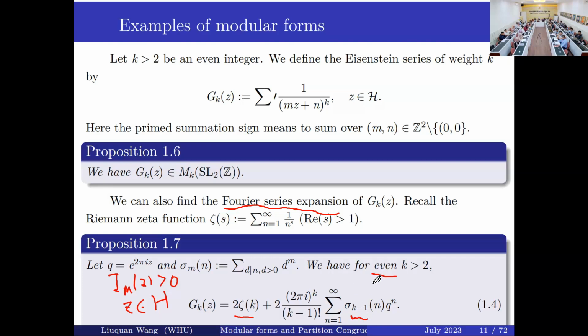This is a very nice expansion for G_k(z). And now in this expression we have the irrational number pi, and for zeta(k) we also want to know its value. Therefore, we sometimes want to simplify the expression of G_k(z).